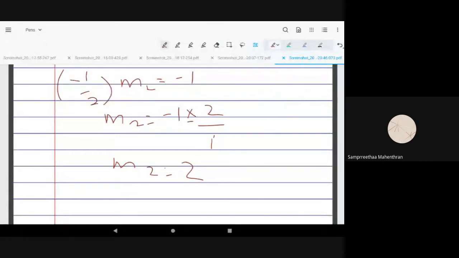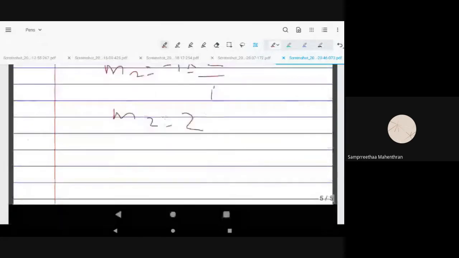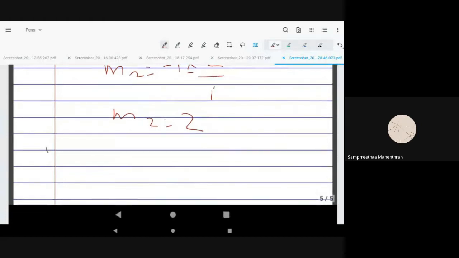Then we will find our y intercept, c, by substituting into y equals mx plus c. We will use the point 1, -4, so here x is 1 and y is -4.